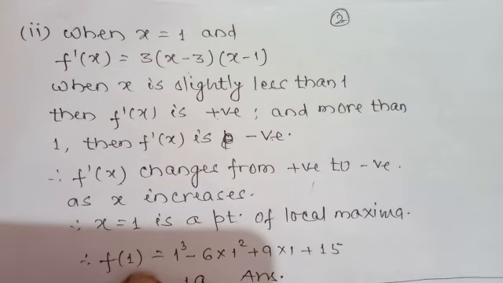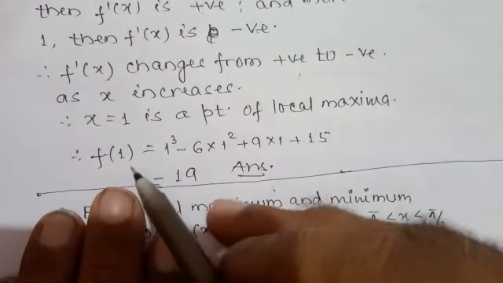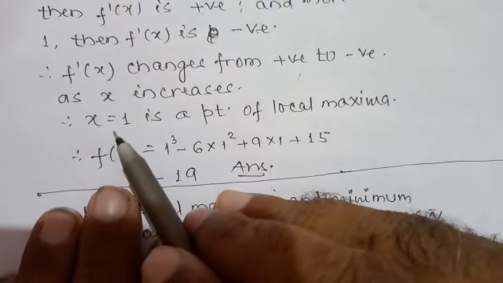Means value of x increases and value of f dash x decreases. Therefore in that case we say that x equal to 1 is a point of local maximum, means it will give the maximum value of f(x) at x equal to 1.